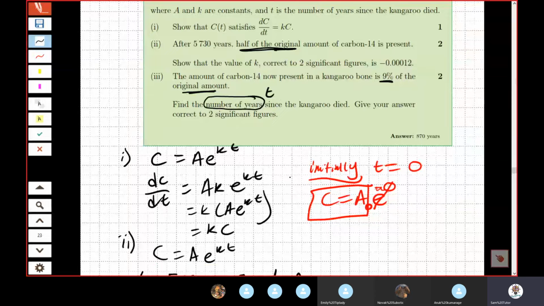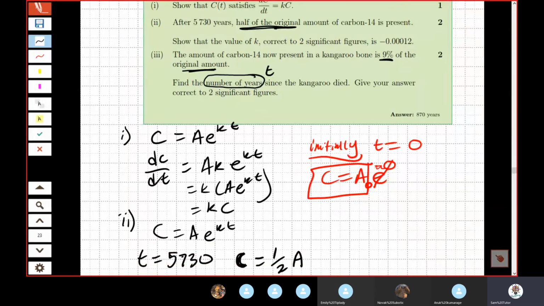No, you came to the same problem as before. Anyone can help him out? What's 9% of the original amount? 9% of what? What was the original amount again? A. Oh, and C equals A. Well, that's the original amount.